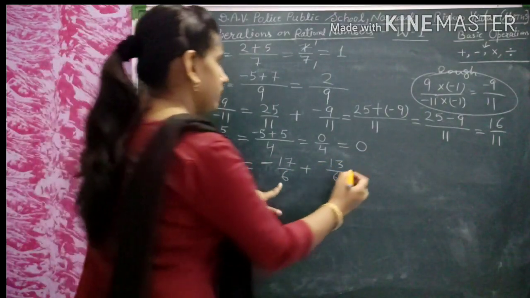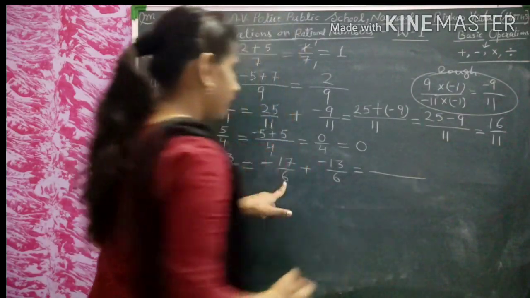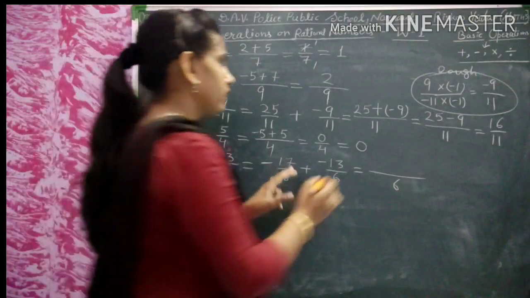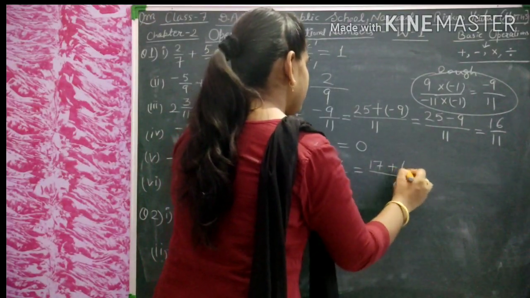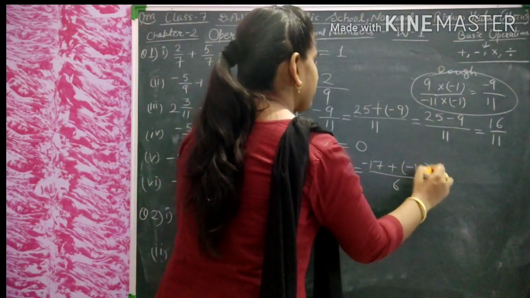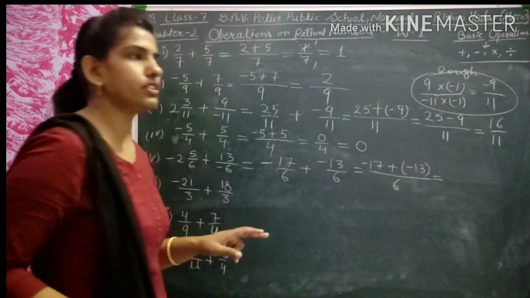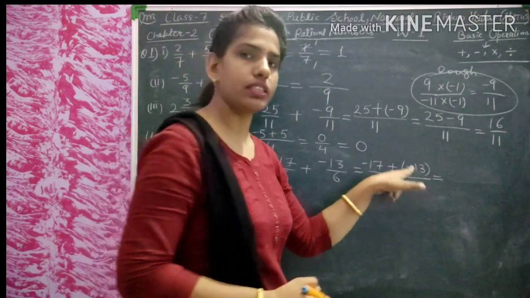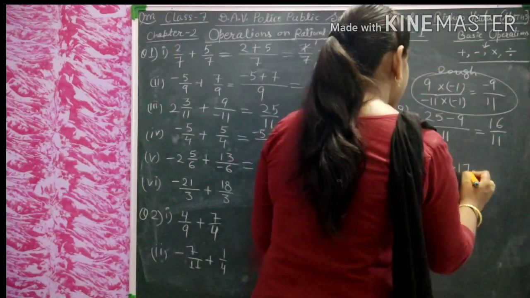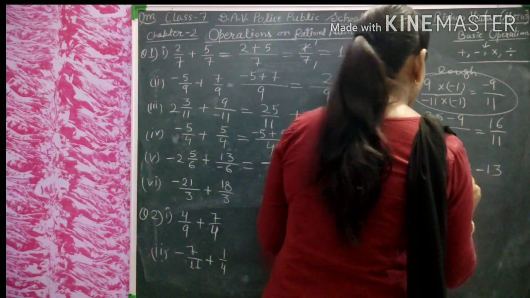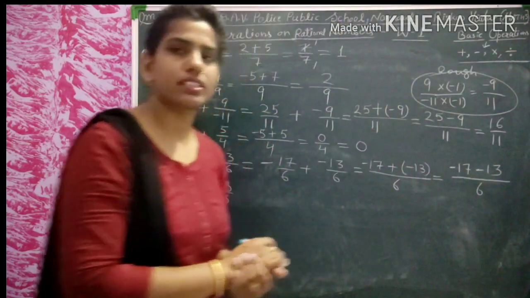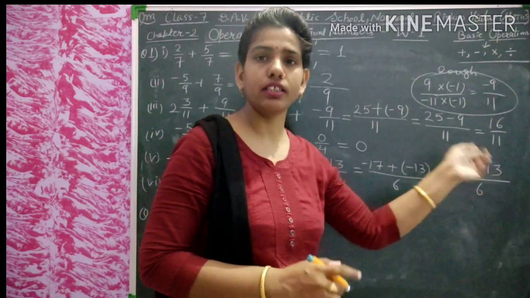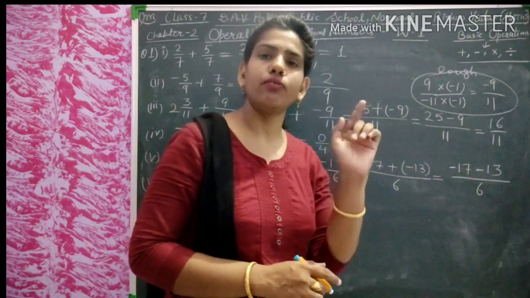Is it clear? Denominators are the same there, so it is calculated as minus 17 and plus minus 13. Plus and minus multiplied gives the minus sign. So minus 17 minus 13. Students, if we see that the signs are the same, then we do the sum.